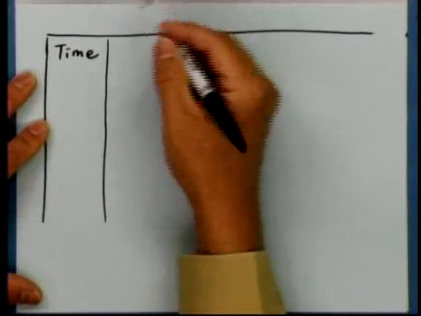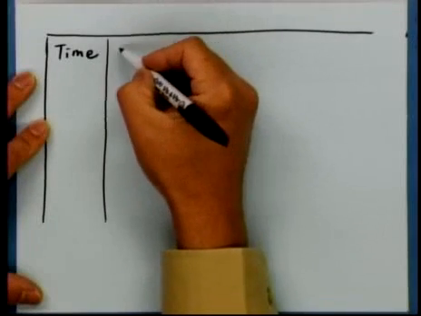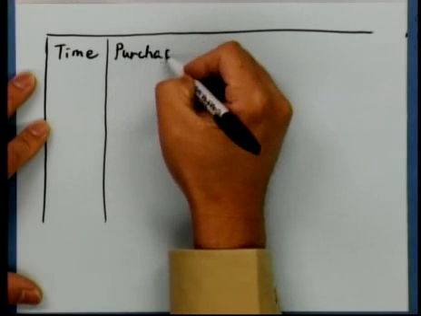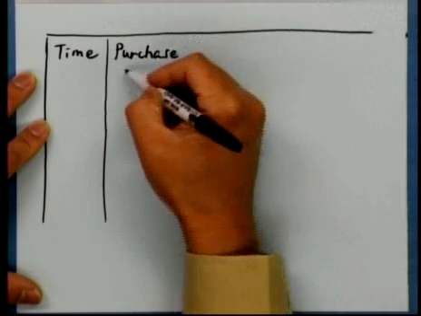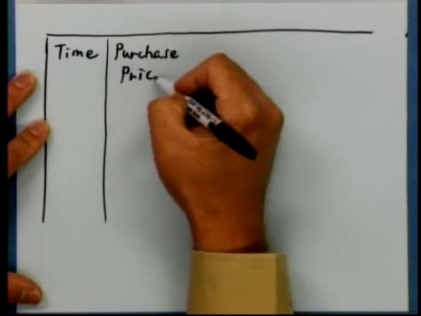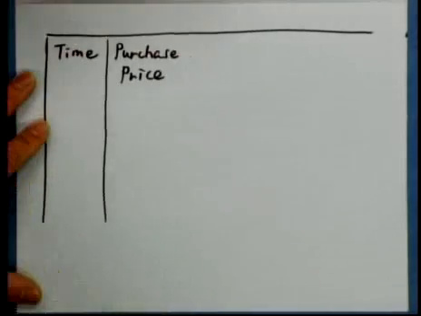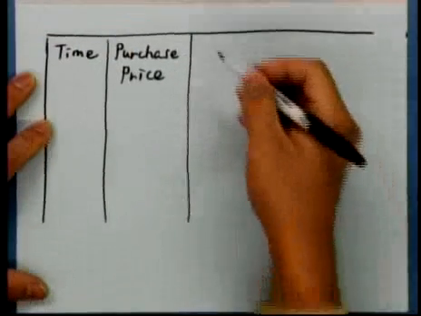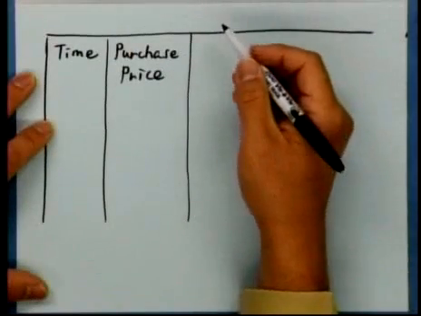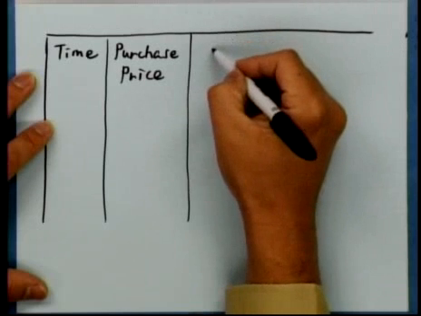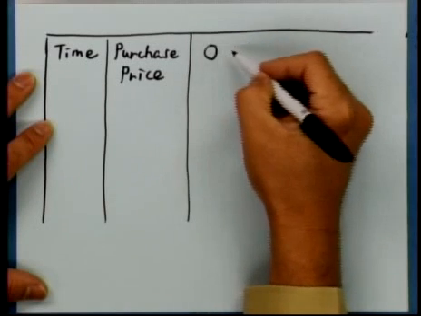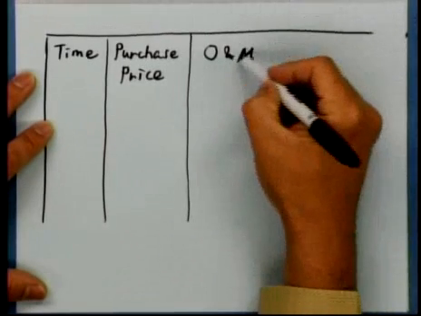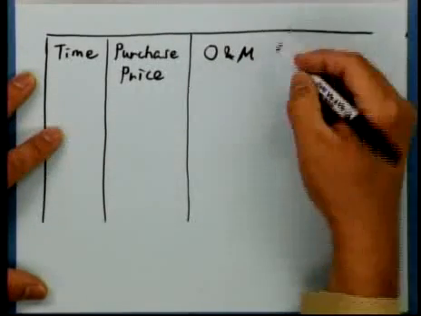The second column is the purchase price. The next column is the maintenance cost, let's say operation and maintenance expenses, O&M.